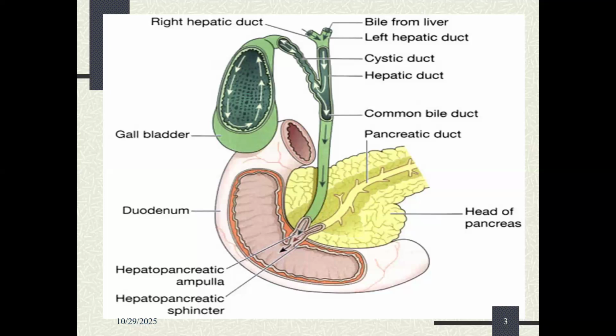The function of the CCK enzyme is that it helps the hepatopancreatic sphincter to relax, therefore allowing the bile to enter the duodenum, but it also facilitates the movement of pancreatic juices into the duodenum to help in the digestion process.